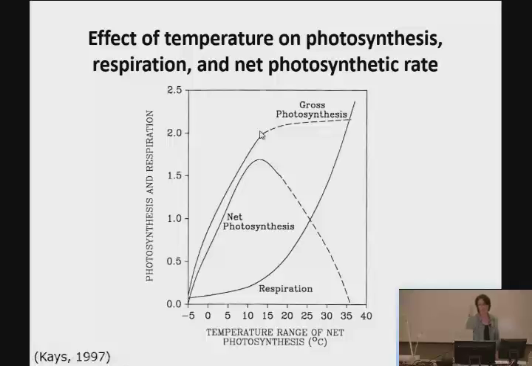This is just one example, but the shape is probably similar for similar plant species. So gross photosynthesis minus this exponentially increasing respiration gives net photosynthesis, and its response to temperature shows a clear peak somewhere. In this case, like 15 degrees, which seems a little bit low for most greenhouse crops.